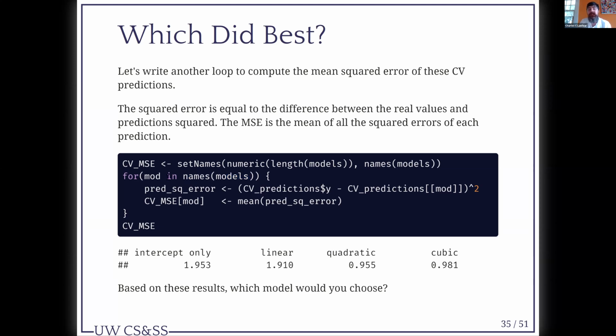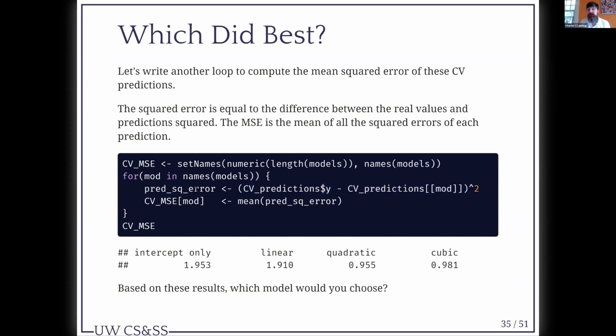What I'm going to do is, for each model, I'm going to compute the squared error, which is just going to be all of the CV predictions y values, subtract from that the predictions of the given model. So this says take the actual y value, and in the first iteration, go get the CV predictions intercept only column, take the difference of those things, that produces the error, square them produces the squared error, okay?